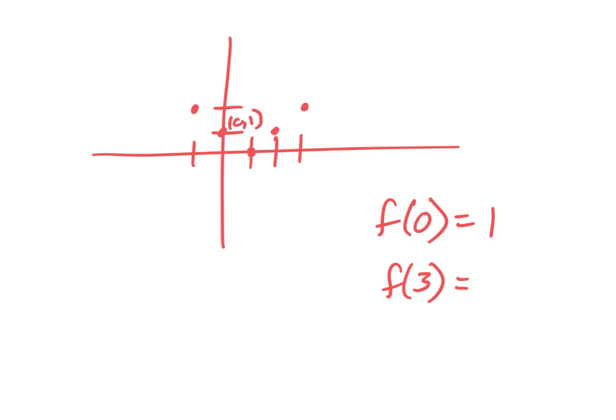Because that's where the point is. We're going to go where x is 0. We're going to see where the point is that matches up with that. And we're going to identify the y value. So if I go to 3, I'm going to go over 3 and up 2. So my ordered pair would be 3, 2. When I plug 3 in for x, 2 would be my solution.